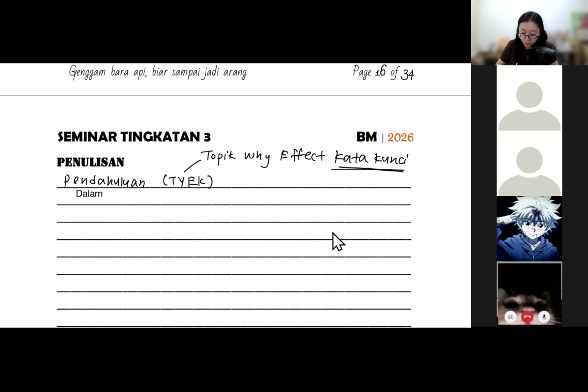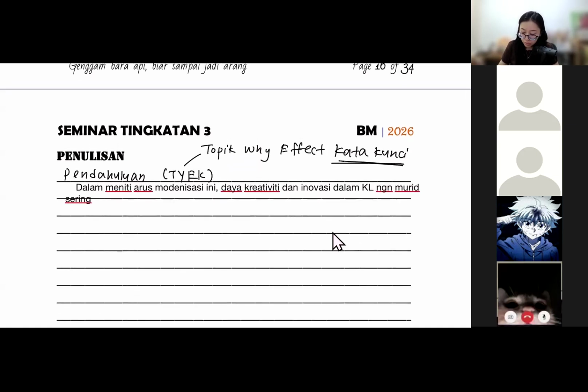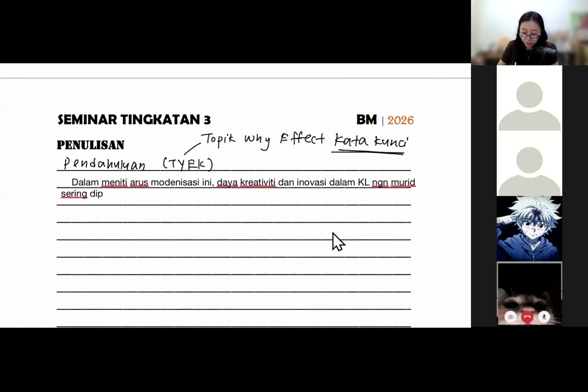Okay, dalam meniti arus modernisasi ini, enter to modernization's world, daya creativity dan inovasi dalam kalangan murid sering dipinggirkan.